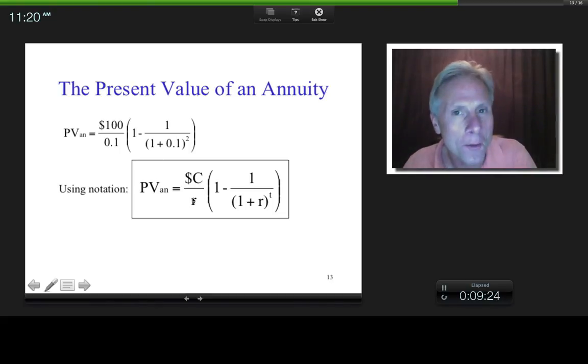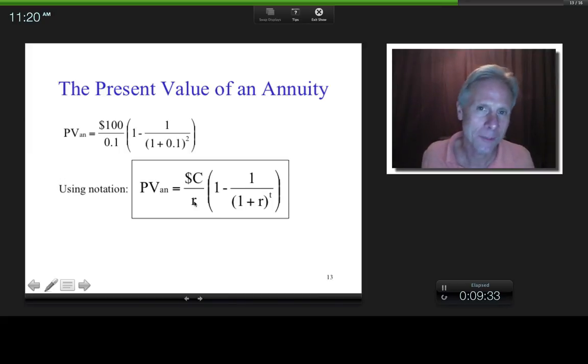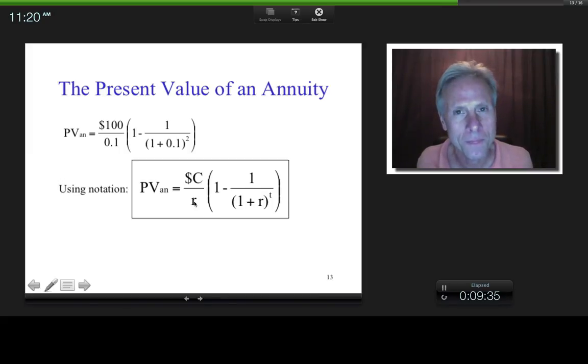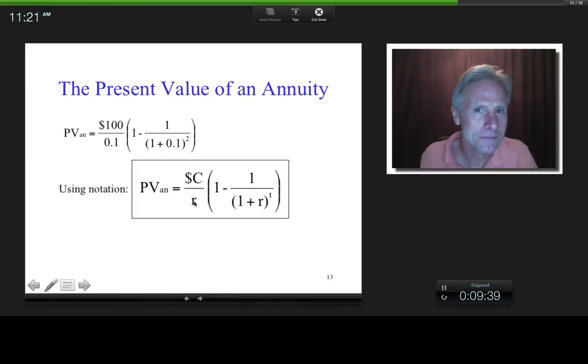Is that a nominal stated or advertised rate, or is that an effective rate? It has to be an effective rate, right? So if those are 6-month periods, you better be working with an effective 6-month rate, right? Which is the amount of interest made from $1 after 6 months. Now what about T?